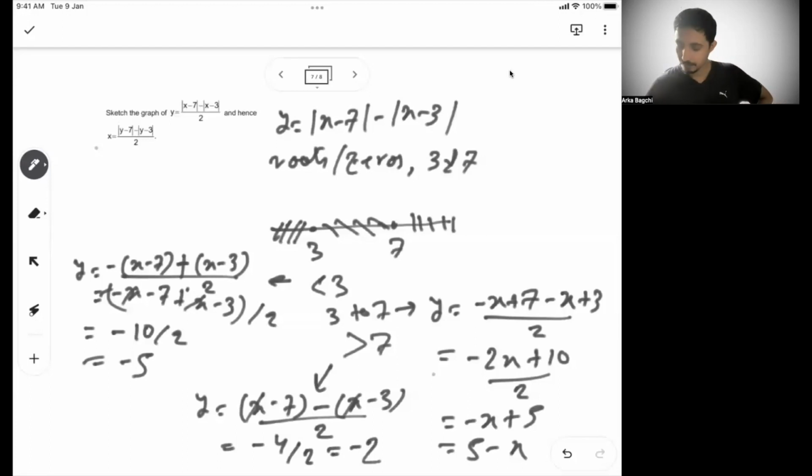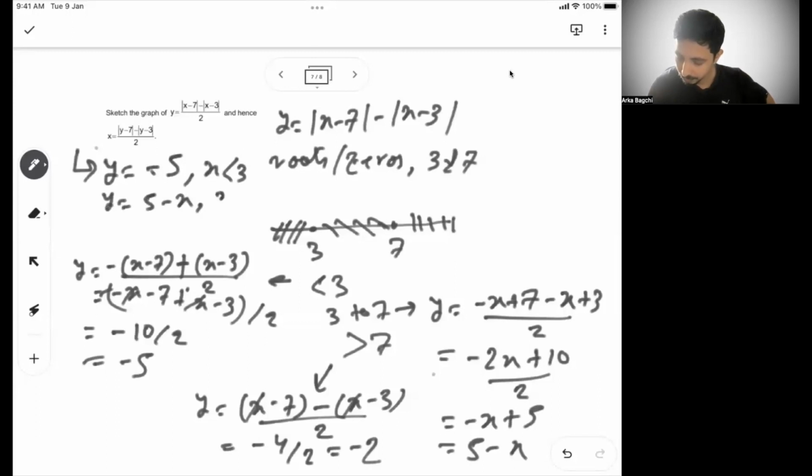So what I see, this entire thing breaks down into 3 parts. y is equal to 5 when x is less than 3. y is equal to 5 minus x when 3 is less than x less than 7.